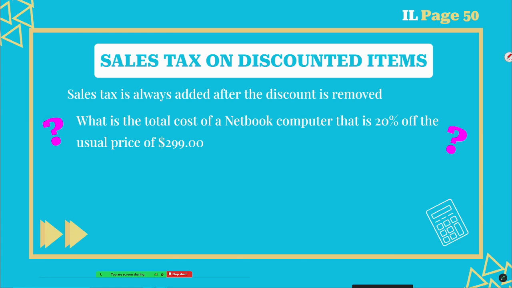So here, my next slide is finding sales tax on discounted items. Sales tax is always added after the discount is removed. What is the total cost of a netbook computer that is 20% off the usual price of $299?